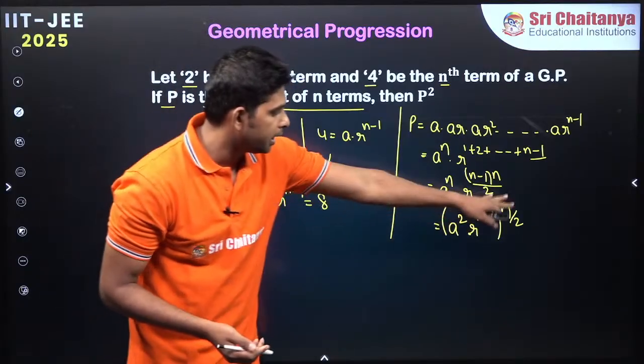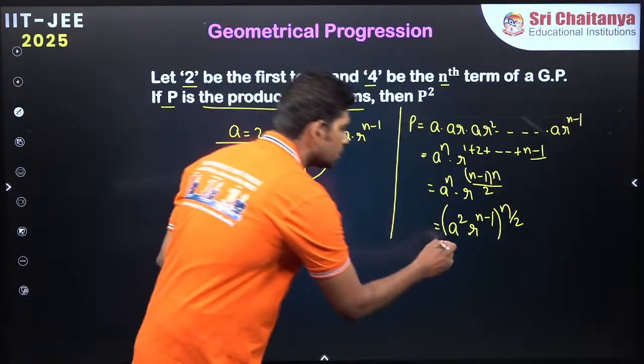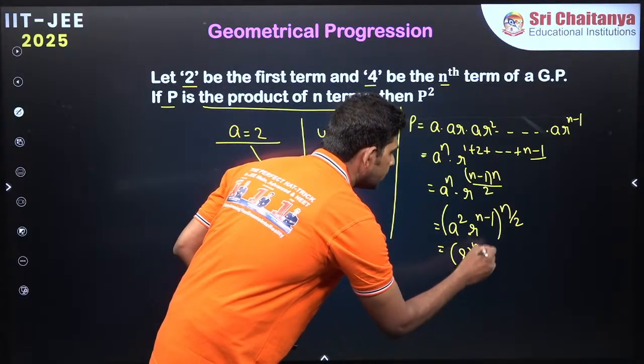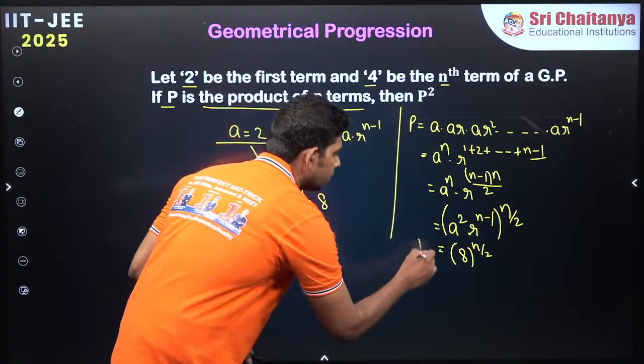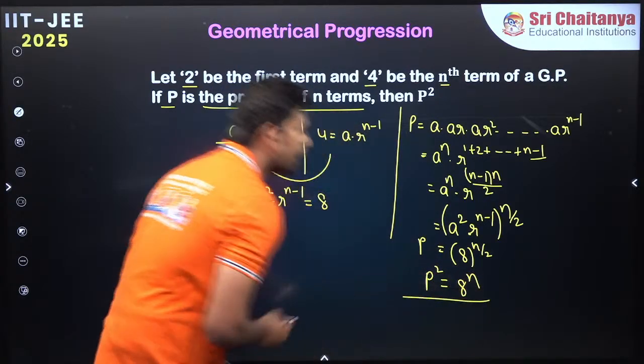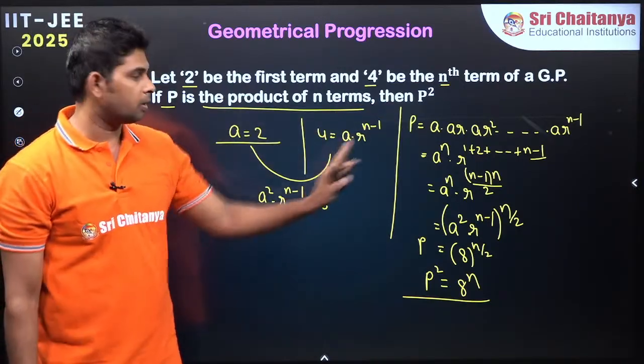I am just raising the power 1 by 2 and taking the square also for this one, which is equals to 8 power n by 2. This is P. Now what will P square be? That is going to be 8 power n. If you are taking n terms of the GP, then you are going to get that.